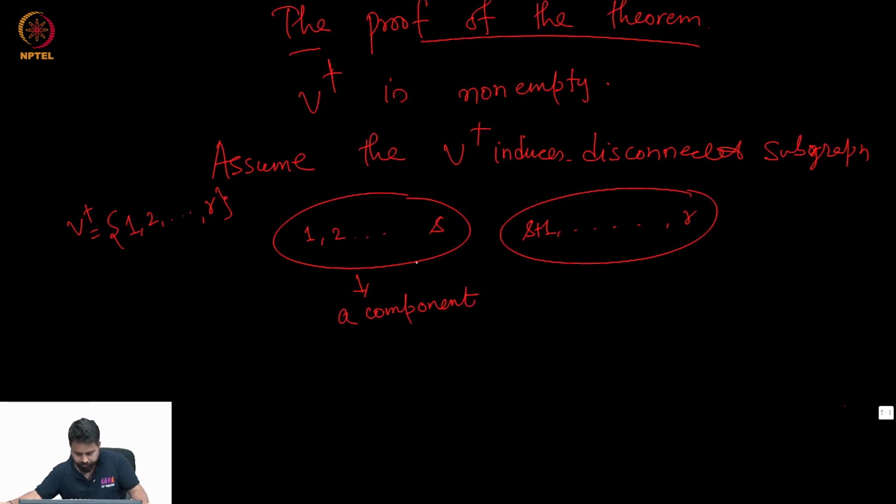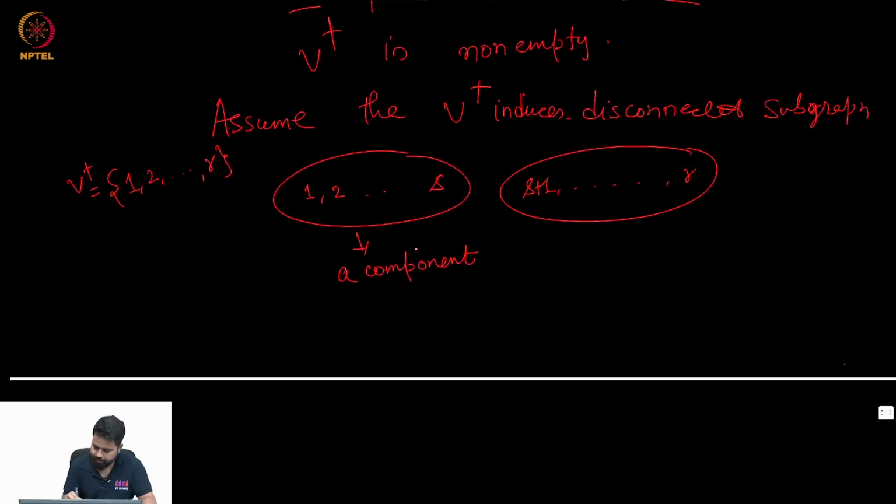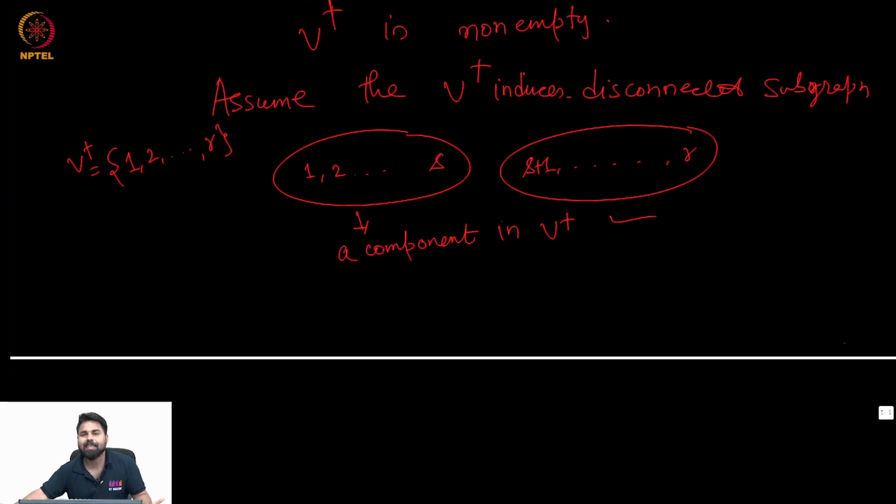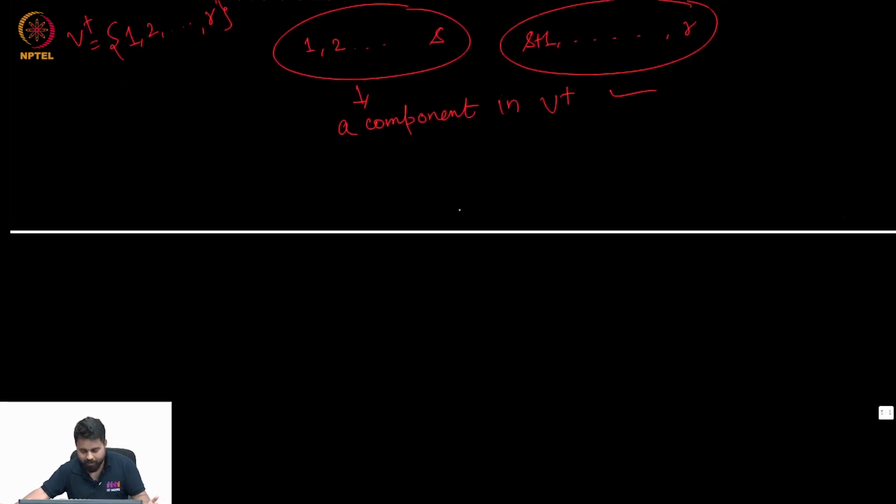So now we have a component in V plus. Now let us see the structure of the Laplacian matrix.